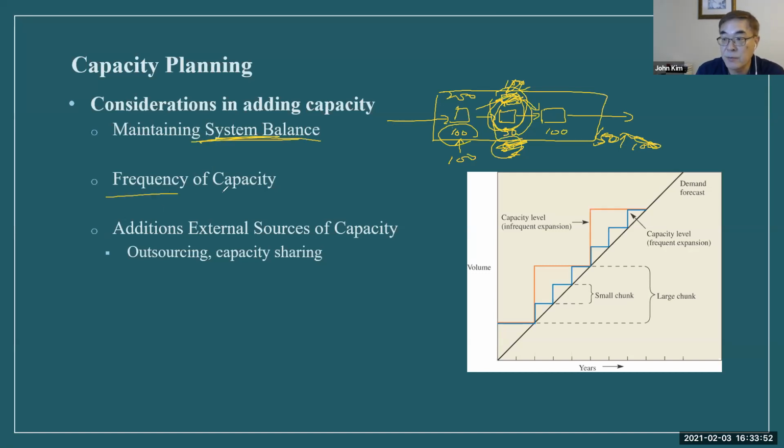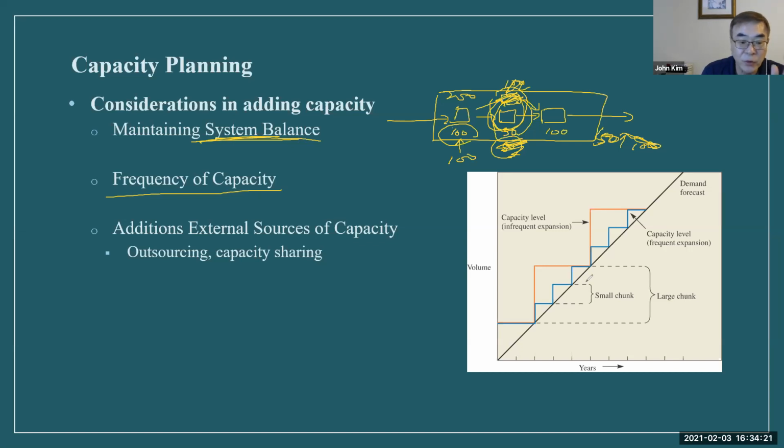And then frequency of capacity addition, when we increase capacity: often gradually, or sometimes like a quantum leap. We don't know which one is better. It depends on the industry, on the types of product, and so on.